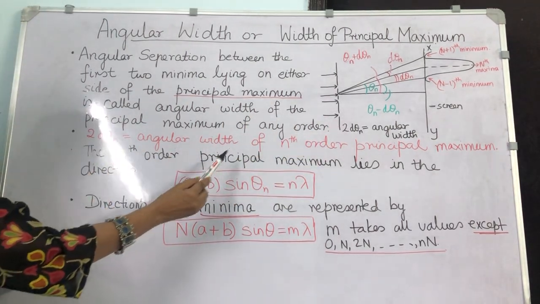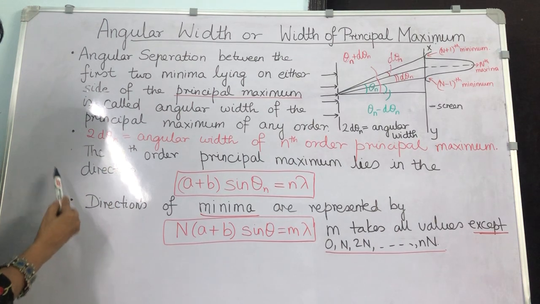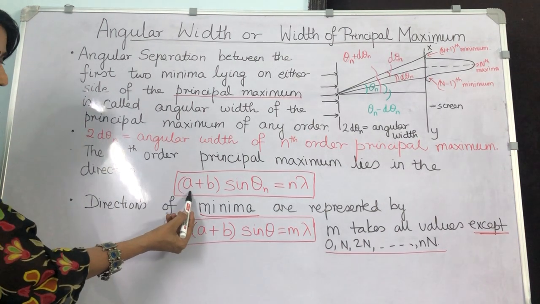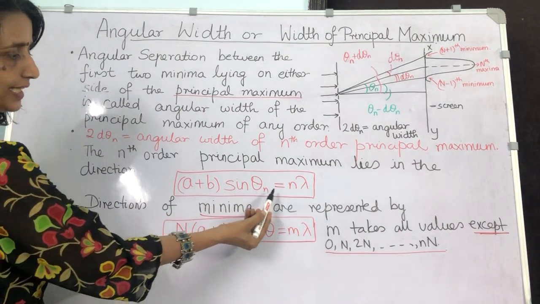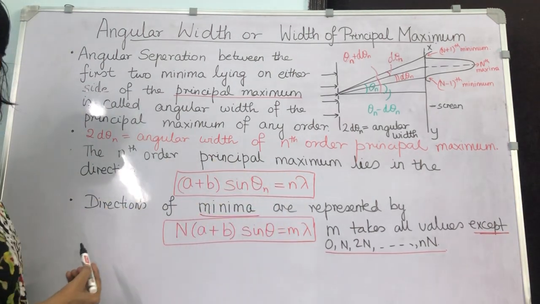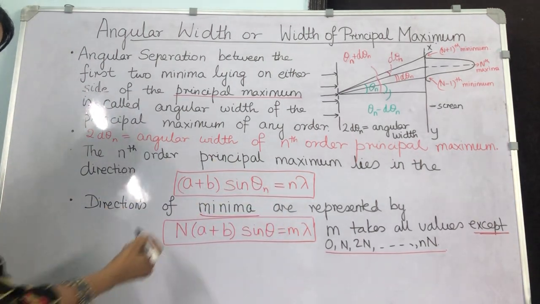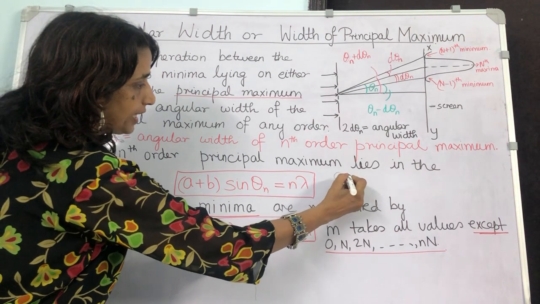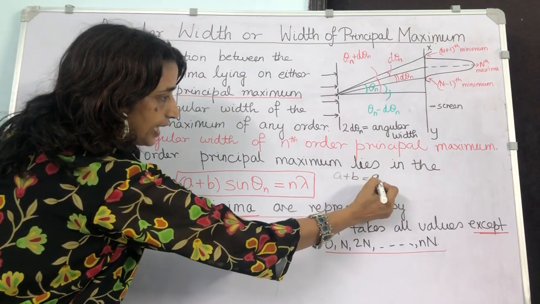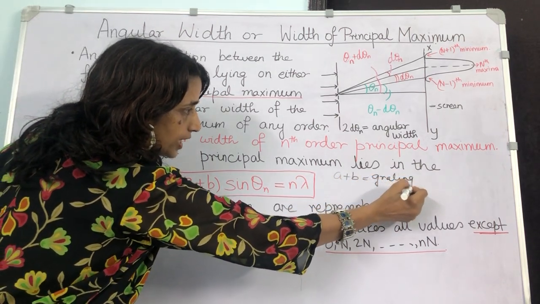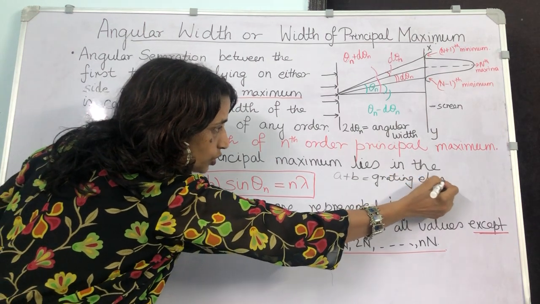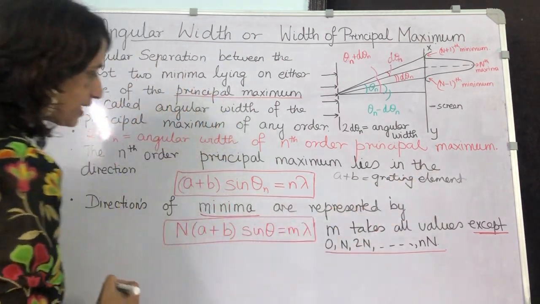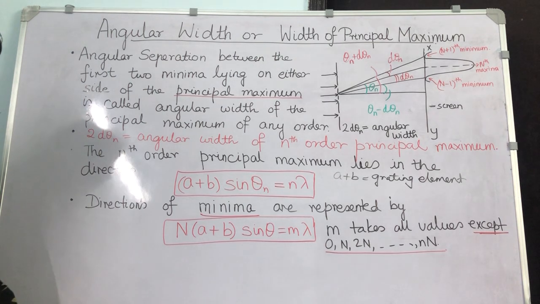The nth order principal maximum will lie in the direction (a+b) sinθn = nλ, where (a+b) is the grating element, which is equal to slit width plus opaque space, n is the order and λ the wavelength.